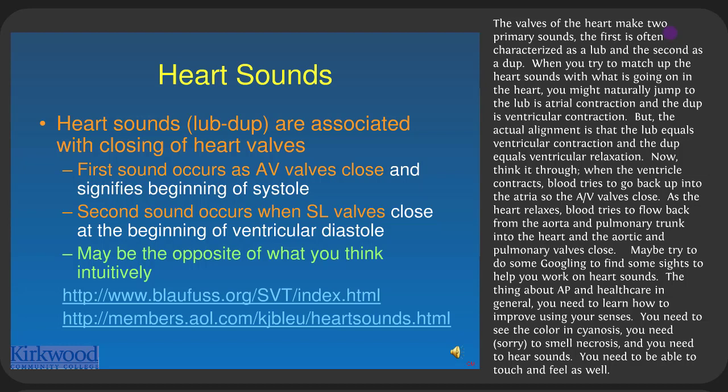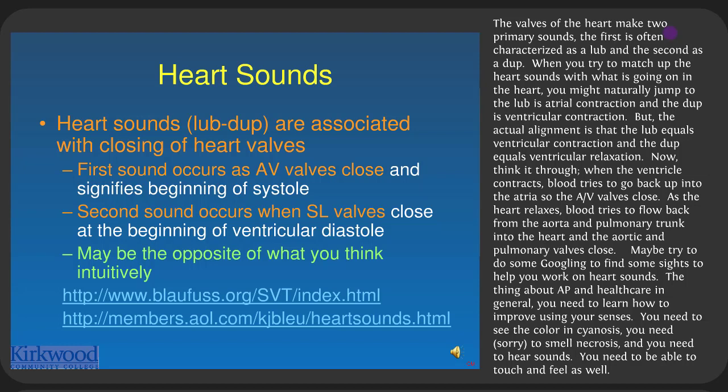Now think it through a little bit. When the ventricle contracts, blood tries to go back up into the atria, so the AV valves close. That's the lub. As the heart then relaxes, blood tries to flow back from the aorta and pulmonary trunk into the heart, and the aortic and pulmonary valves close. That's the dup. Maybe try to do some Googling to find some sites.